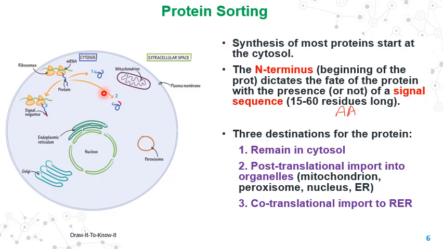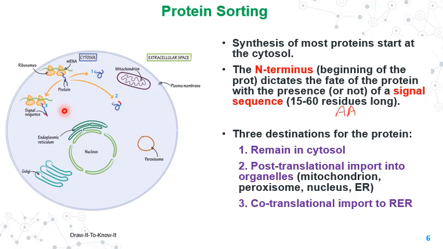The second thing is that it is going to be modified for export into specialized organelles. If the protein is finished being made, it can be modified post-translationally, and then it's going to be imported into some organelle for function there.